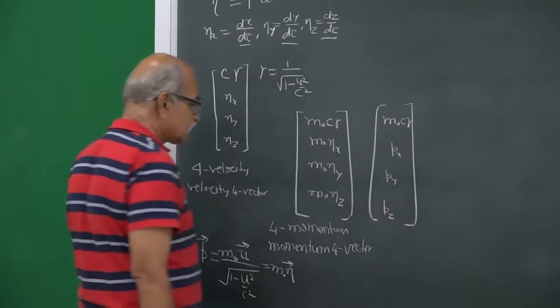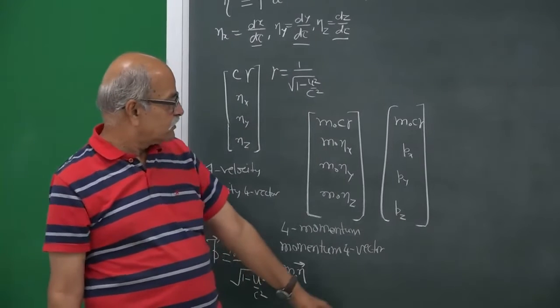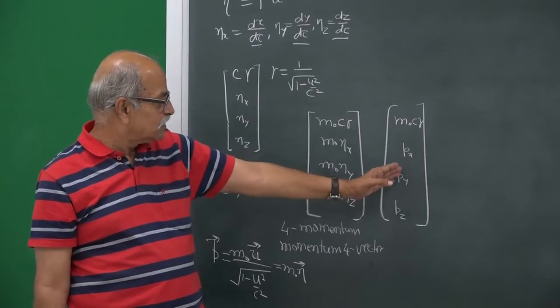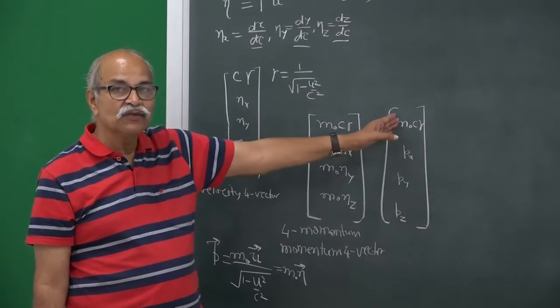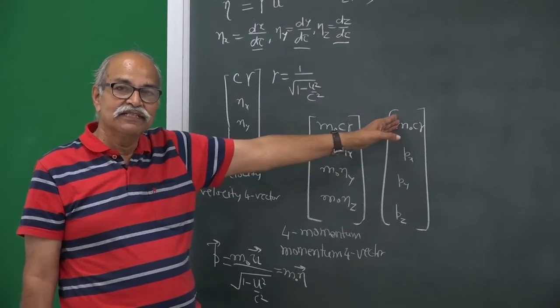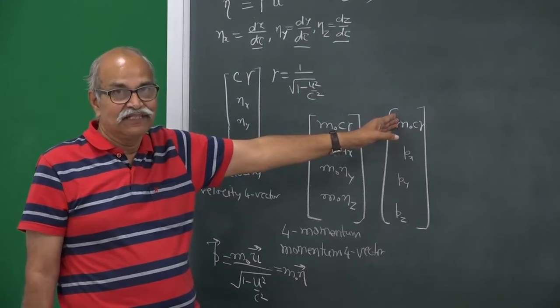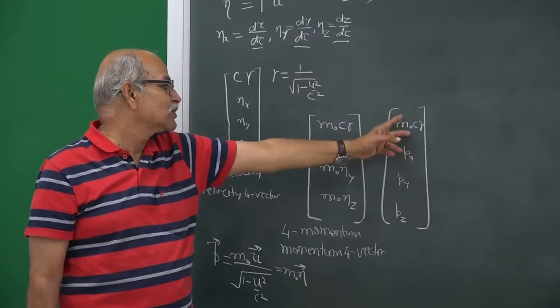And we asked the question at the end of the lecture that this we understand, this is linear momentum x component, y component, z component. What is this quantity? Is there a physical significance of this quantity? And yes, the physical significance is very much there, and today we will be talking about this quantity.